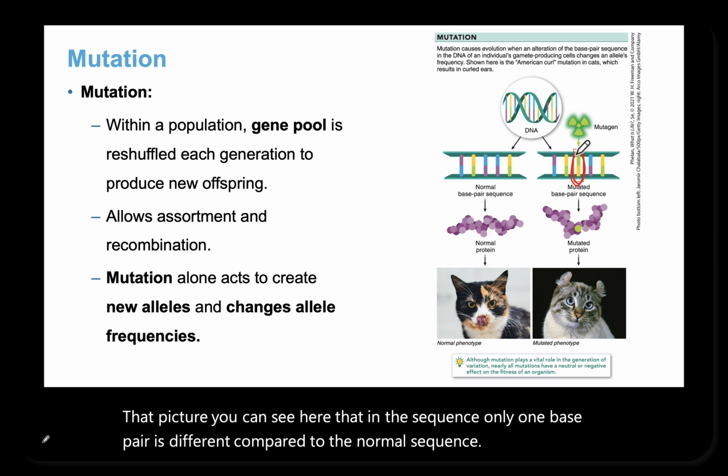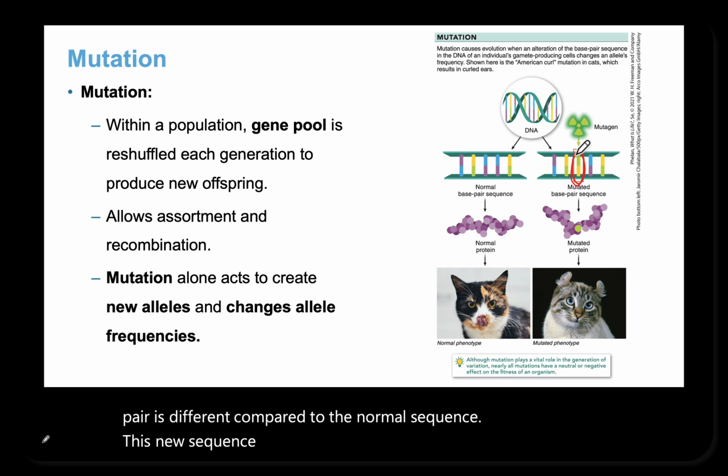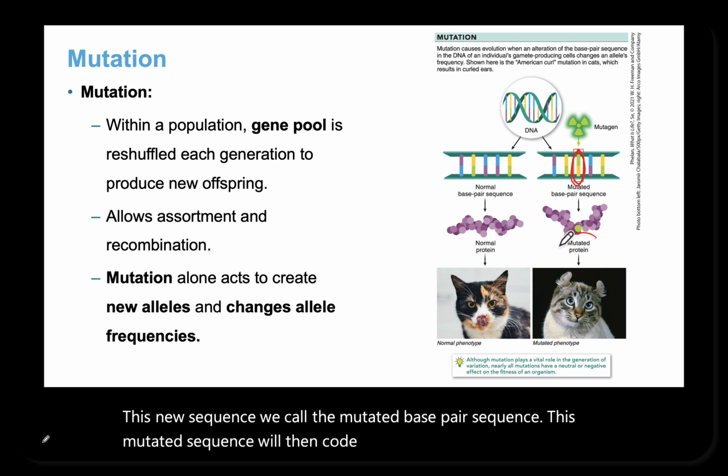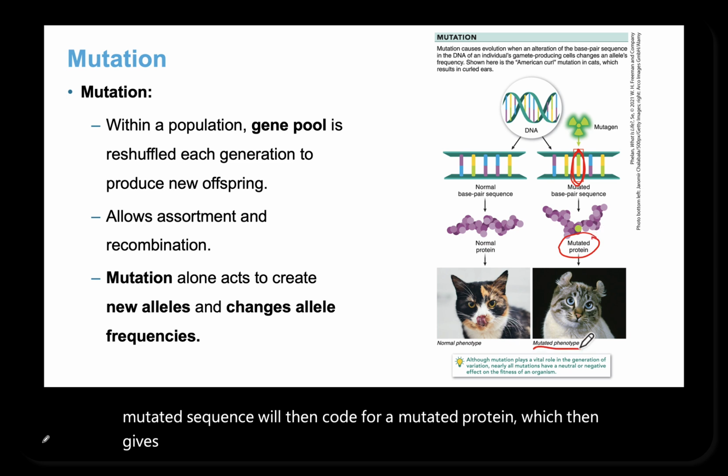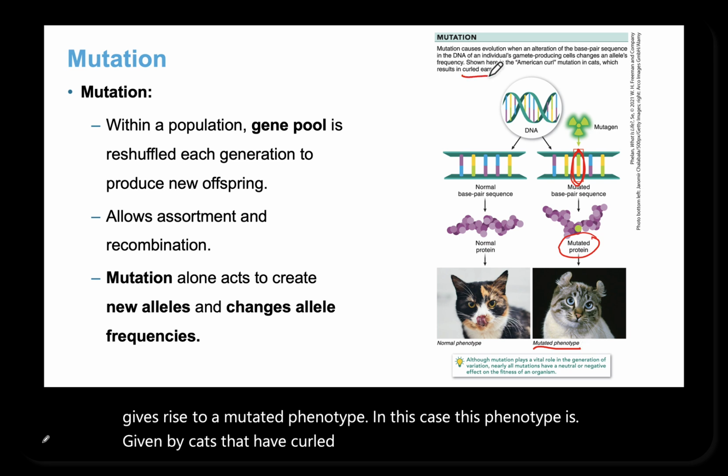This new sequence we call the mutated base pair sequence. This mutated sequence will then code for a mutated protein, which then gives rise to a mutated phenotype. In this case, this phenotype is given by cats that have curled ears, okay?